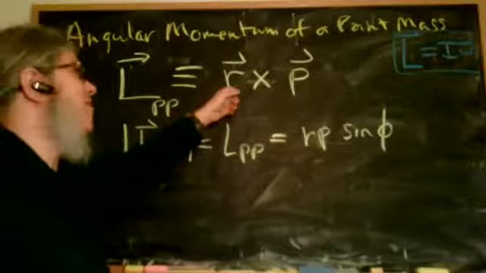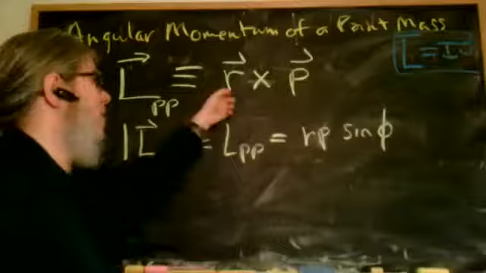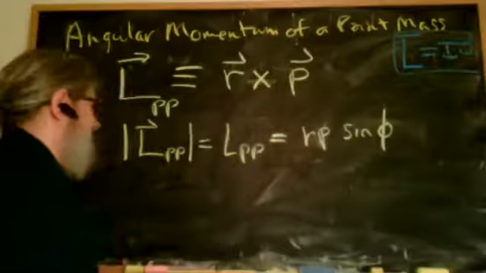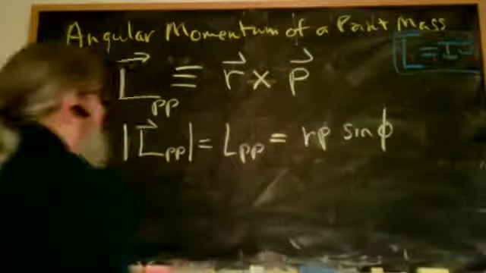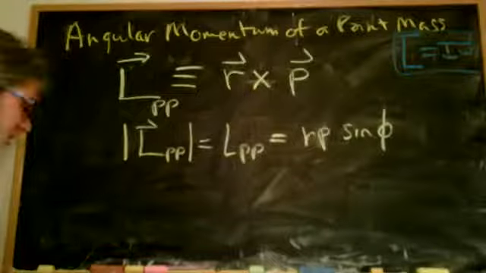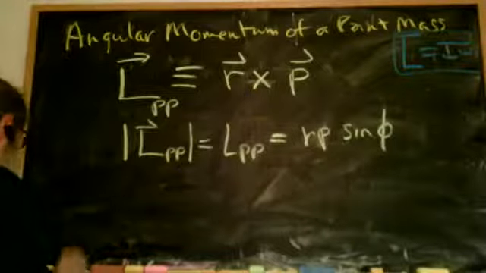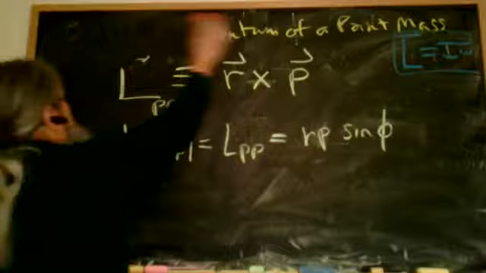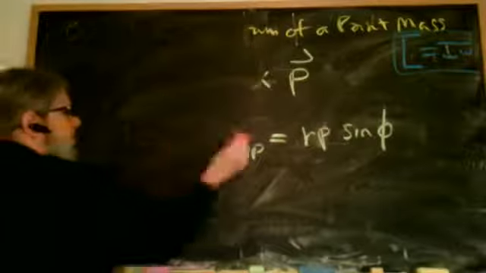It's the radial vector that goes from the reference point to the location of the mass. So that's our definition. Let's use this definition for some simple examples and see what we get. Notice it's quite a different definition than for a rigid body. At first glance, it doesn't look like the same thing.